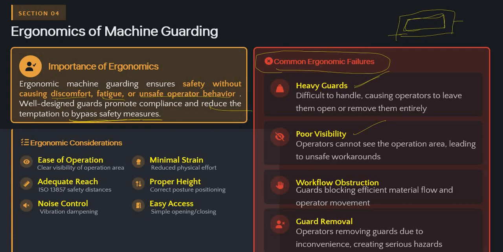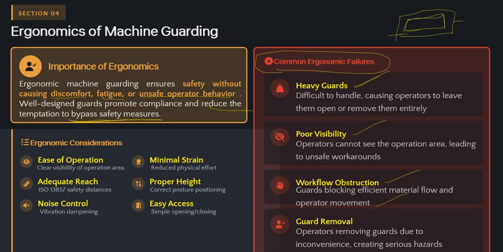Workflow obstruction: it should not create any workflow obstruction, like a guard blocking efficient material flow and operator movement. And guard removal: operators remove guards due to inconvenience, creating serious hazards. If they feel sharp edges, they will remove it.